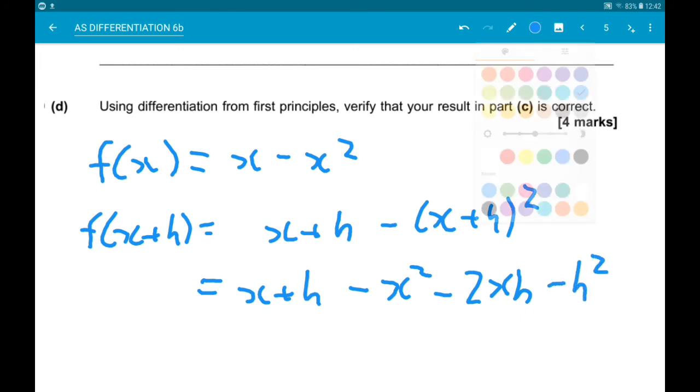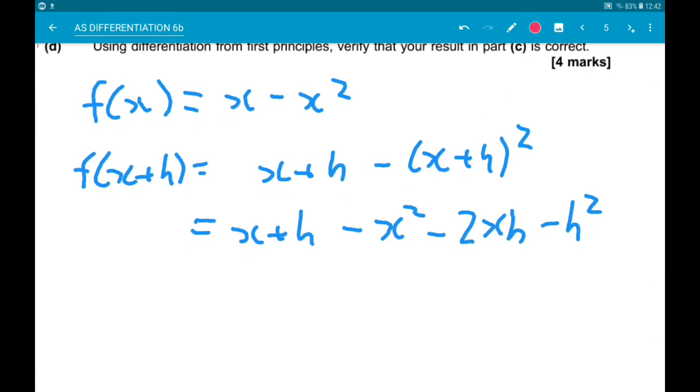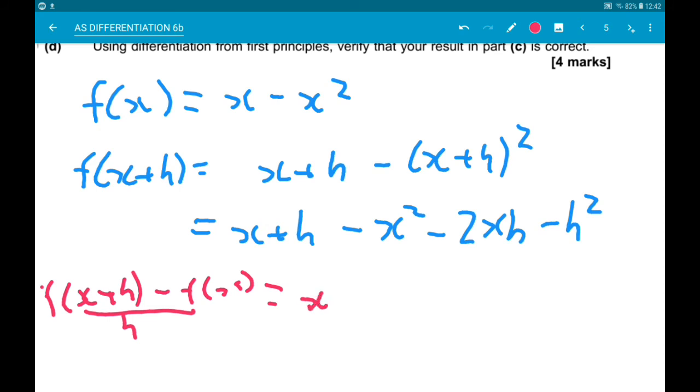Okay, so from that, we now know that f of x add h minus f of x over h is x add h minus x squared minus 2xh minus h squared.